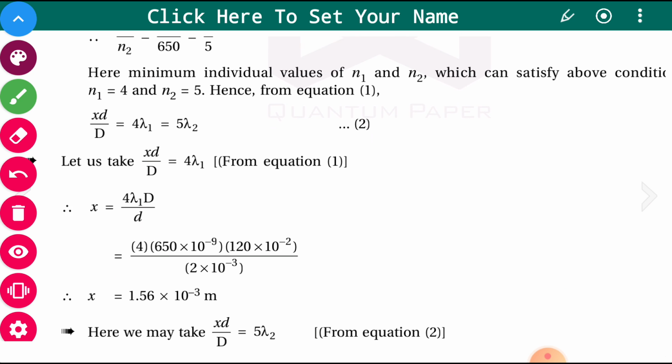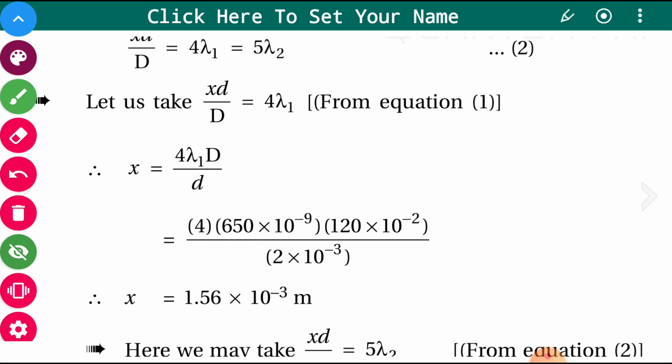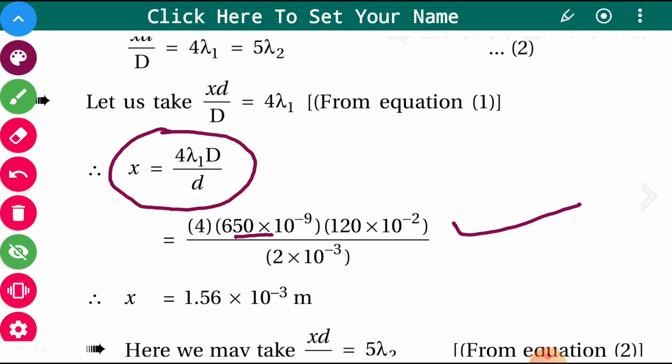Okay, so any one you can take. Xd by capital D is 4 lambda 1, say for example. So x is equal to 4 lambda 1 capital D upon small d. Just place the values. Lambda 1 is 650 into 10 to the power minus 9, capital D is 1.2 meter, that is 120 into 10 raised to minus 2, small d is 2 into 10 raised to minus 3.